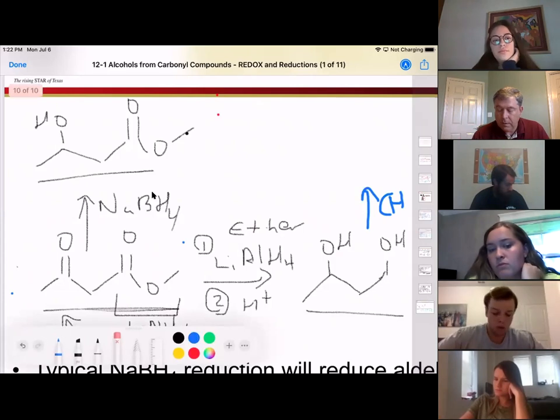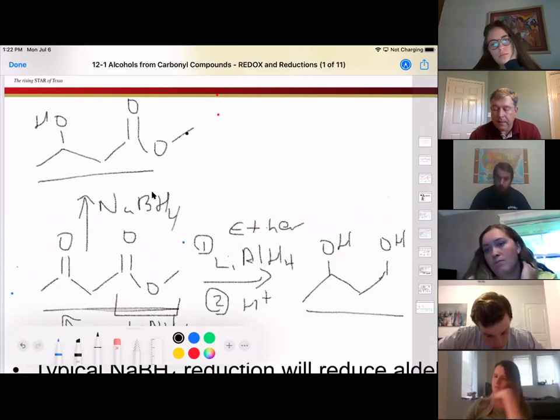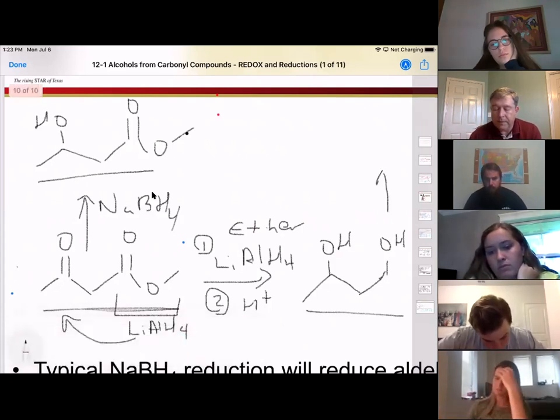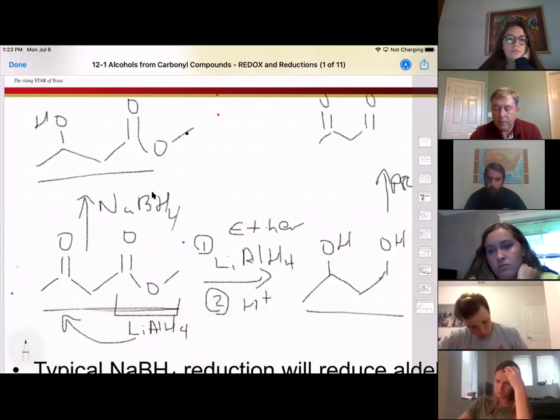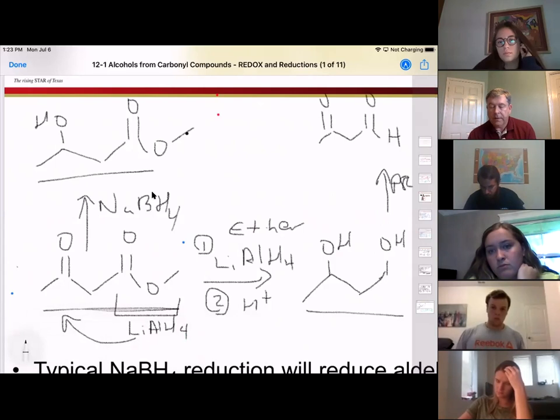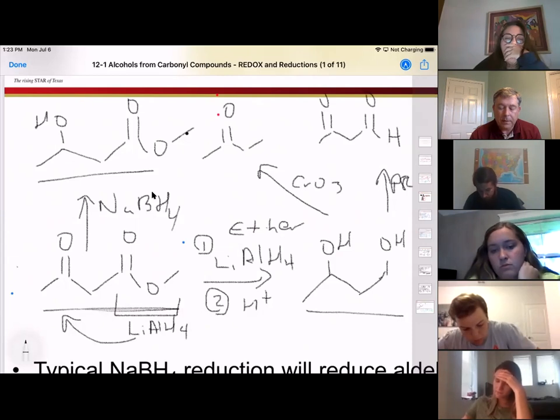But what we can do here is look at it selectively as well. If we take this and react it with PCC, we'll get an aldehyde and a ketone right here. But if we take this and react it with chromic acid or any of its derivatives, we'll get a ketone and a carboxylic acid.